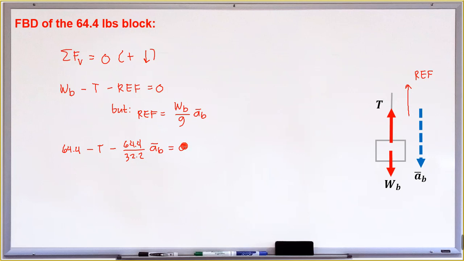If we simplify this, 64.4 divided by 32.2 is 2. So 64.4 minus the tension minus 2 a bar b is equal to 0. That would be our equation number 1, wherein we have two unknowns, the tension and the linear acceleration of our block.